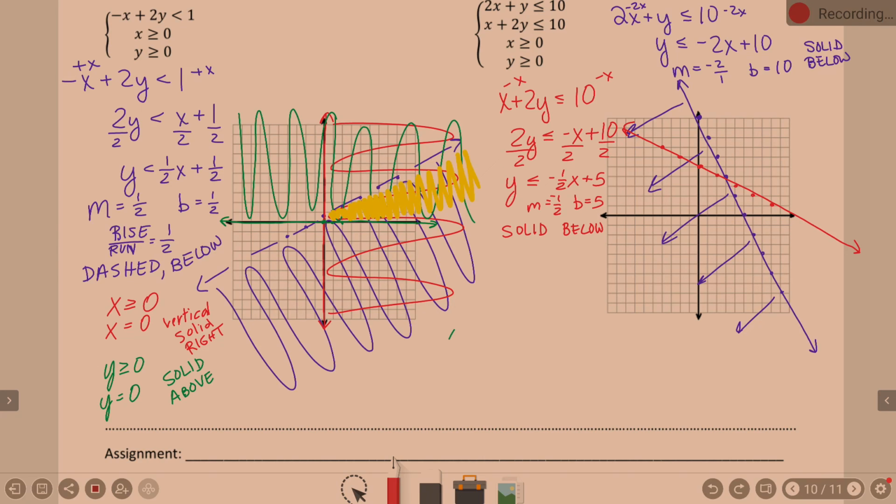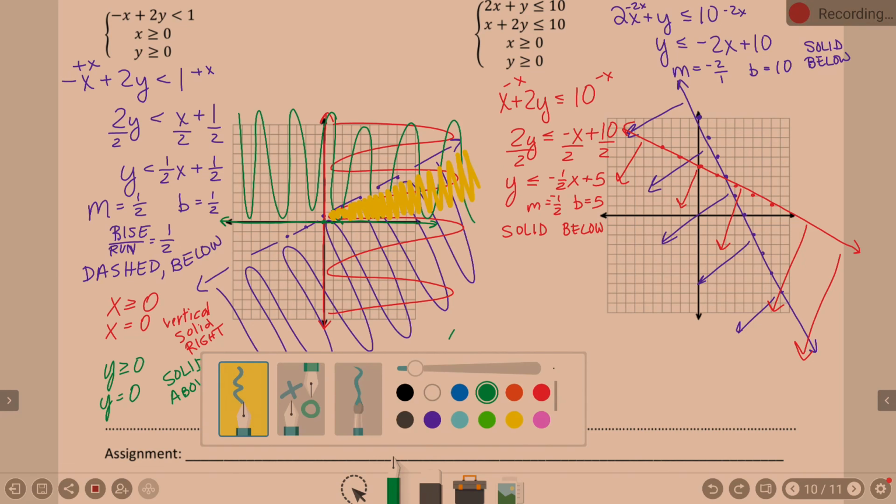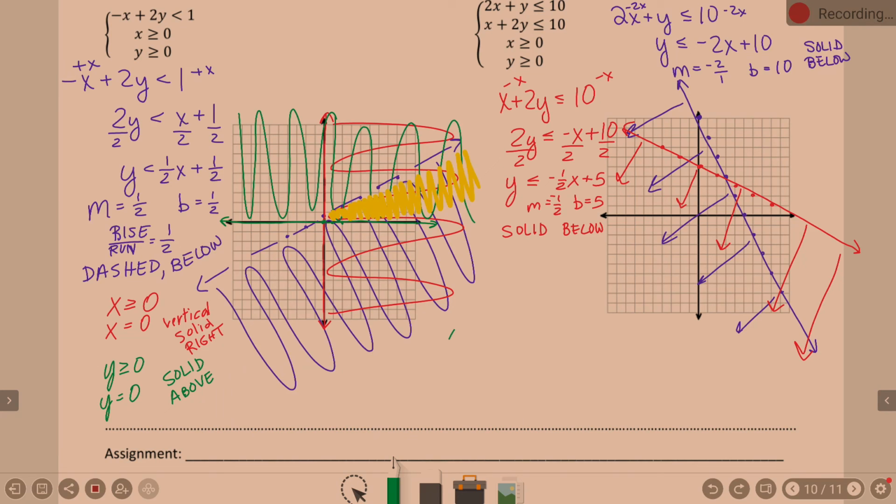Slope of negative 1/2. Y-intercept of 5. Slope negative 1/2. Down 1, right 2. Down 1, right 2. Or up 1, left 2. Up 1, left 2. Did I make a mistake?